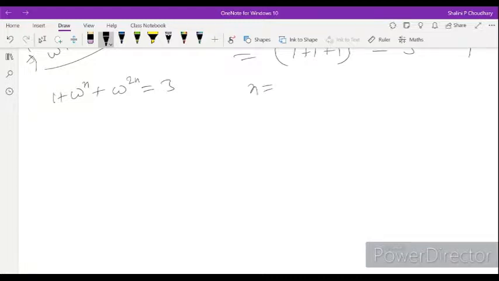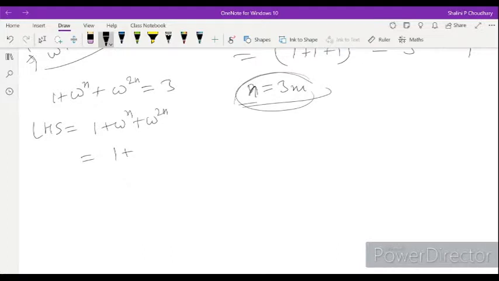A multiple of 3 means n = 3m. So we write the LHS 1 + ωⁿ + ω²ⁿ, and in place of n we can write 3m: 1 + ω³ᵐ + ω²·³ᵐ, which is 1 + ω³ᵐ + ω⁶ᵐ.